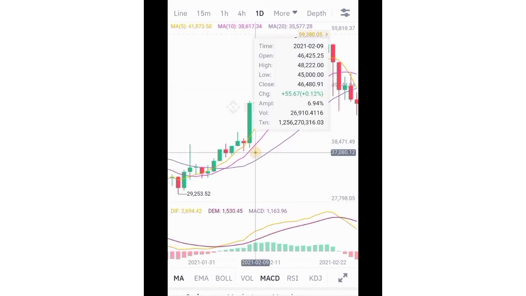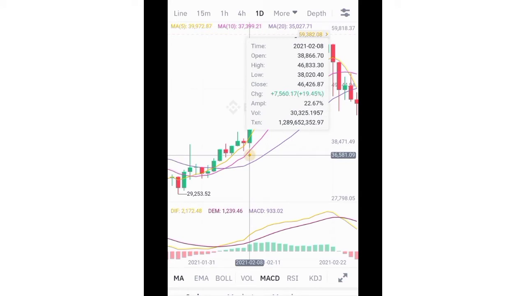This one is from February 2021. It opened at around $38,866. The highest it went that day was $46,833.30, and the low it went to that day was $38,020.